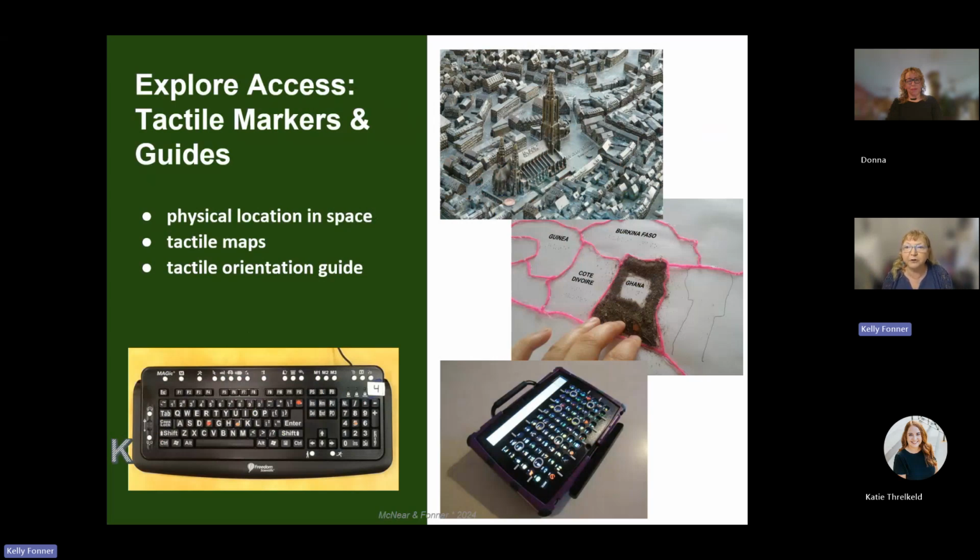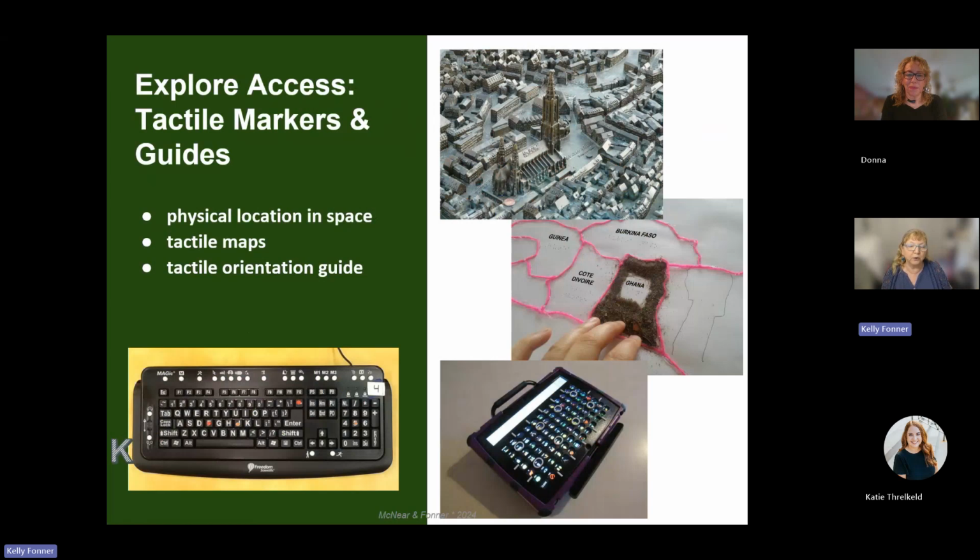So other ways that people use tactile markers, in the upper right is a tactile map. That is a printed map that's got Braille on the various buildings. You'll see the second picture down on the right is using some textures to represent maybe a particular country that you're studying.